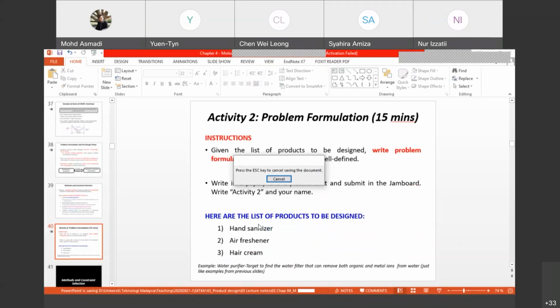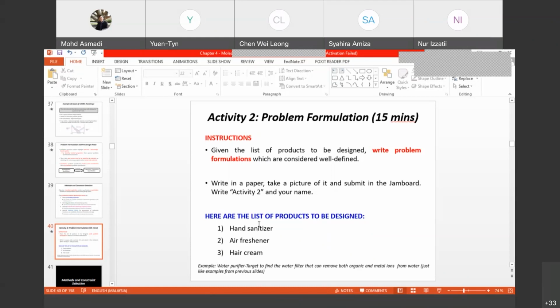So you can write directly to the Jamboard, on a sticky note. So this is the link. Please do this activity. Here is the list. This is the example: water purifier.